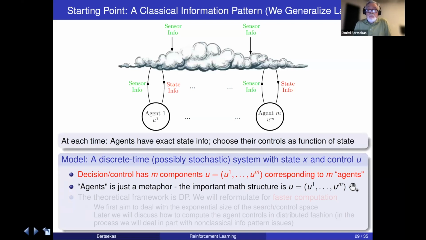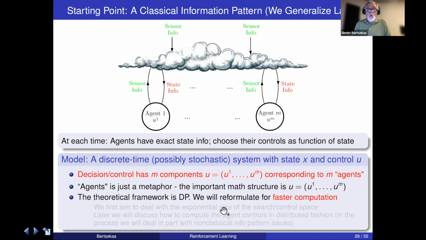But the agents don't have to be geographically separated. They can inhabit the same robot, for example. These U's may correspond to the actions of different arms of the same robot. So the important thing is the mathematical structure of multiple components and the computational challenges that it poses.